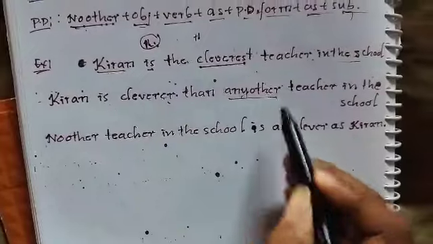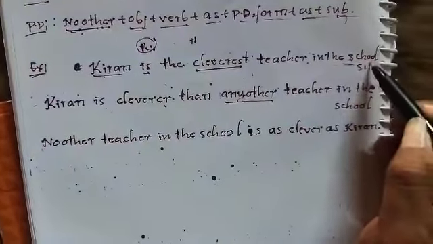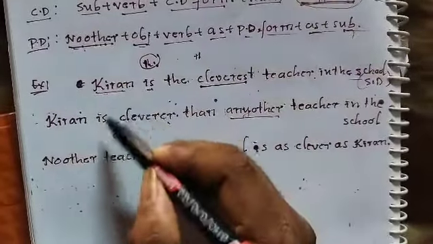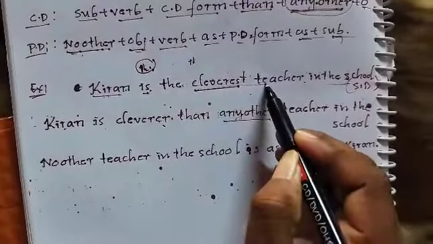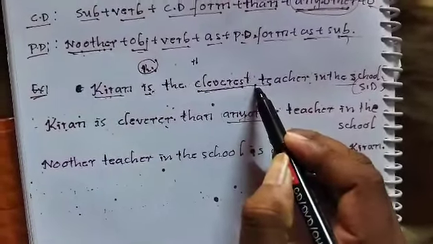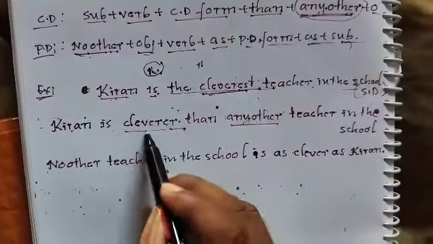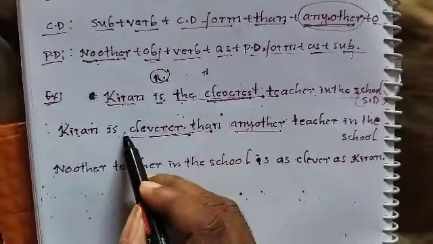Then we remember that while changing, it is SD form. When it is a comparative degree, SD changes into comparative degree. Kiran is, so cleverest, in place of that, cleverer. Okay, "cleverer than" we should use. You won't use "the" before cleverer.